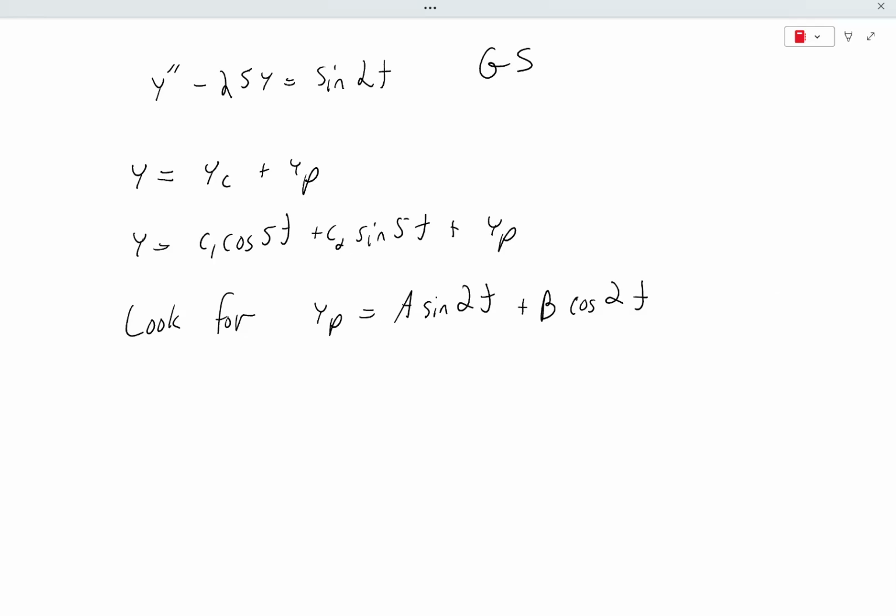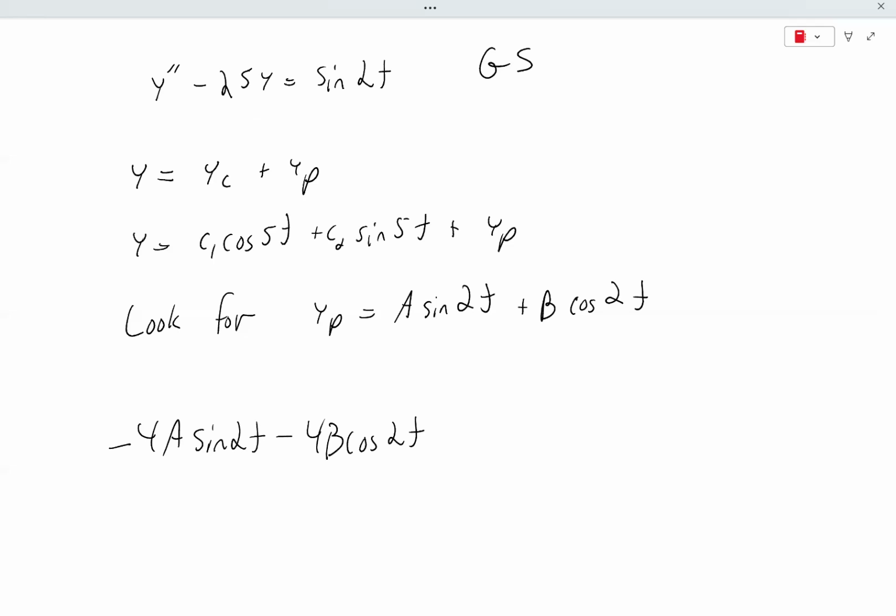You've got to take two derivatives there, right? So take two derivatives there. You'll get back to sine again, but you'll get a 4, because every time you kick out a 2, and it'll change the sign on it. So you've got negative 4a sine 2t. So we're subbing now into here, and it'll end up a minus here, minus 4b cosine 2t.